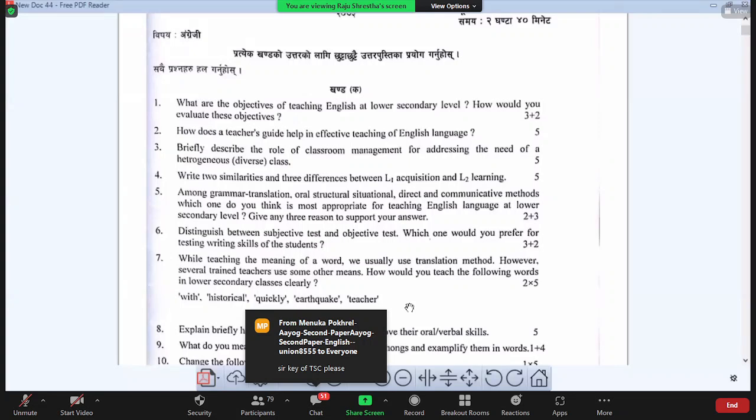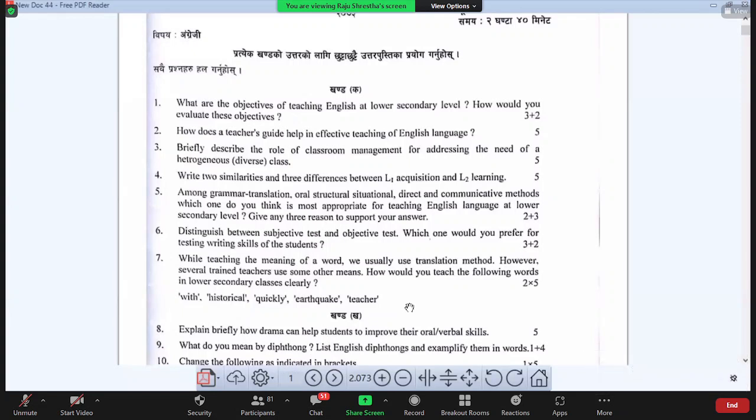But most of the teachers are trained, and they learn different techniques and activities in the process of training, and they use that variety of activities to deliver the meaning of words. Okay. But if they ask how you would teach the given words, how do you teach this?